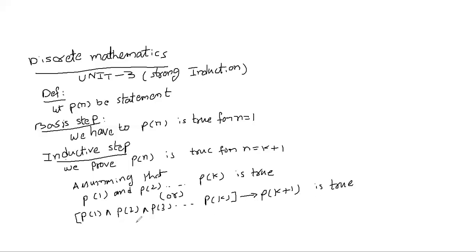That means we have to prove the conditional statement that P of 1 and P of 2 up to P of k implies P of k plus 1 is true. So it is like a conditional statement p implies q. Now next we will see one problem, how to prove this using strong induction.